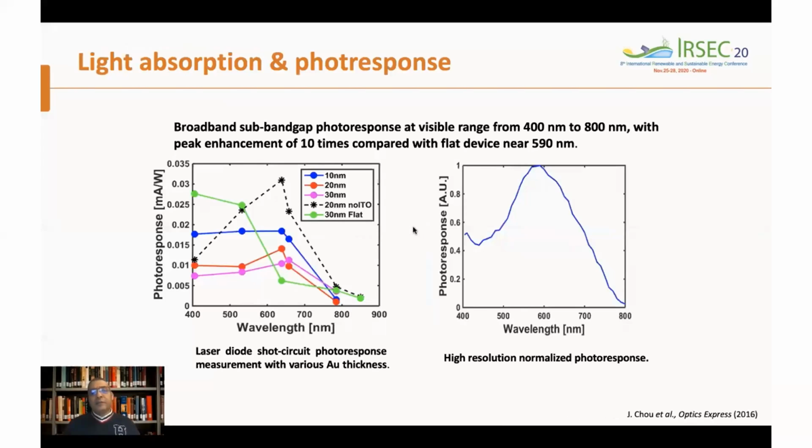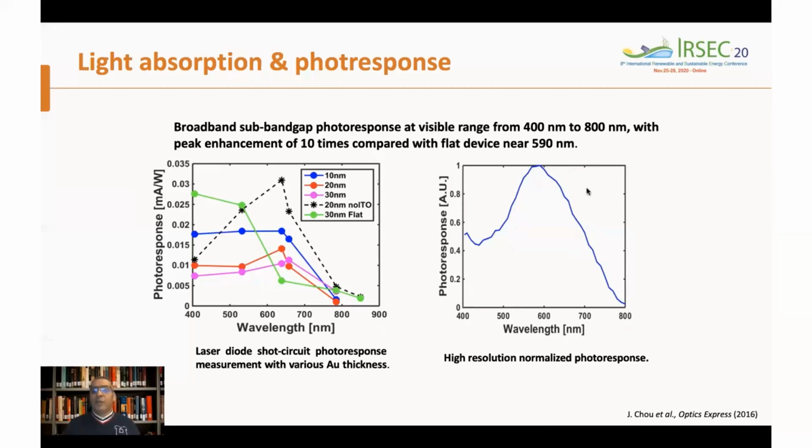You can see here different thicknesses of gold particles, used to optimize the size of the particles, ranging from 20 to 30, and used on flat silicon and also on shaped silicon. We found that the cap-like structure with 20 nanometers of gold thickness has a much higher photoresponse.